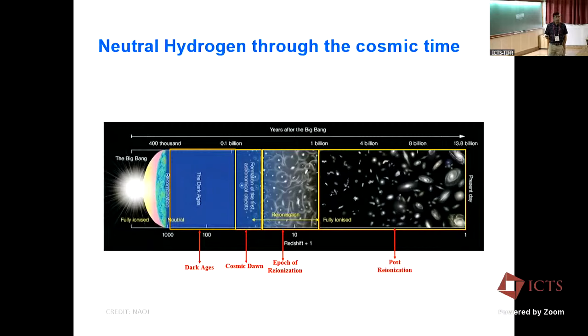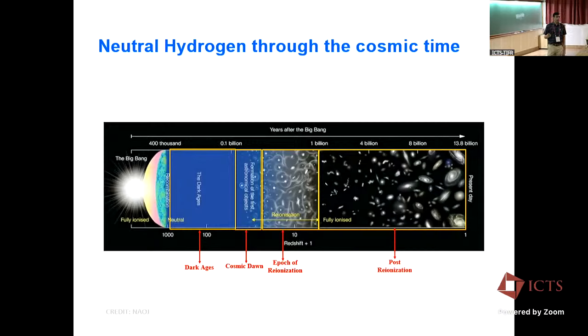Now, this picture you have seen many times, but for completeness, let's go through it again. We are at the present, at this position, the present universe, and if you look back, you see the universe became completely neutral during the recombination epoch.